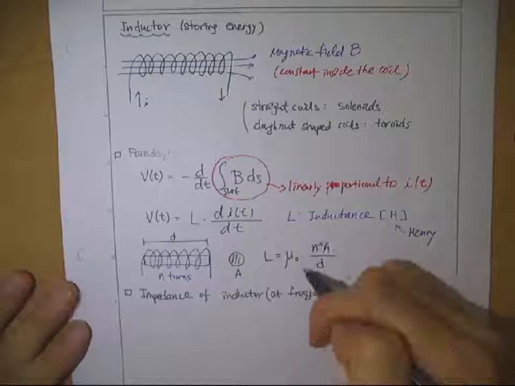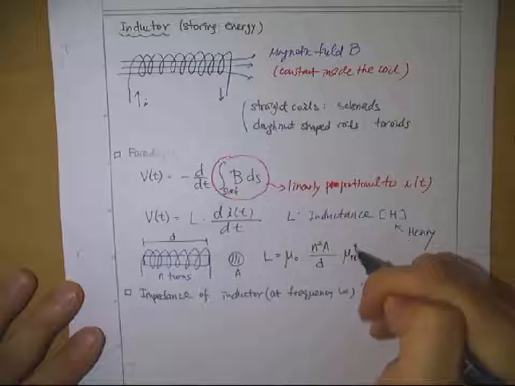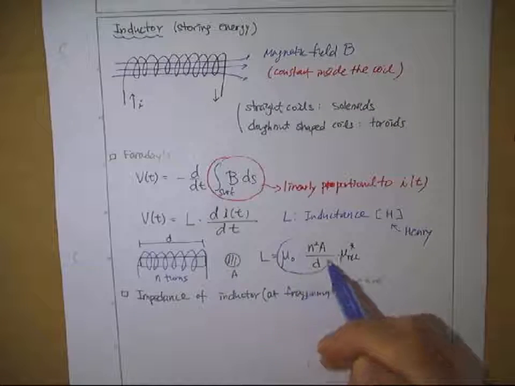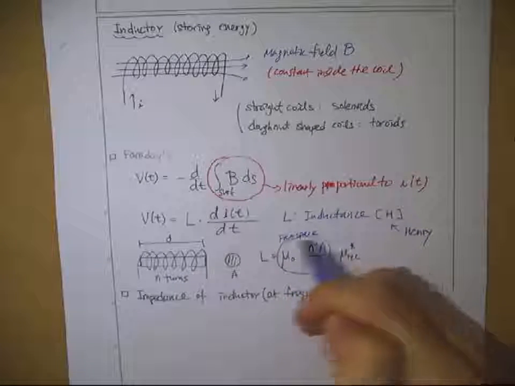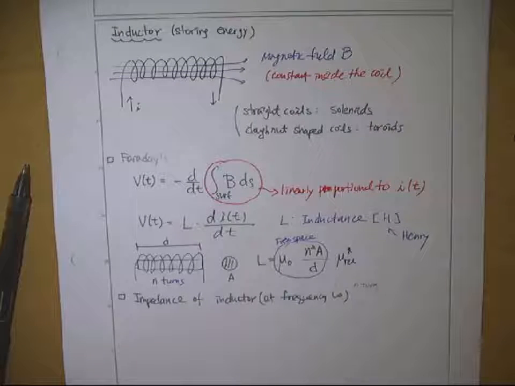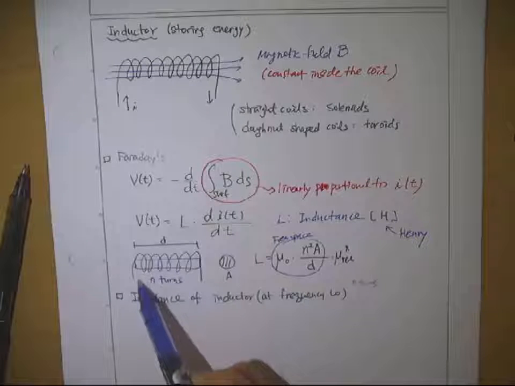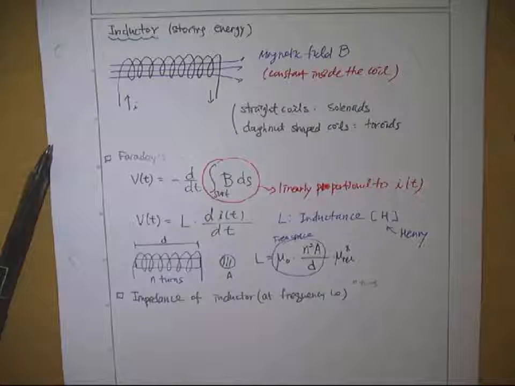Sorry, mu naught times mu real. So this is for the free space, and when you multiply by the magnetic permeability of the material inside, then you get the inductance for the solenoid.